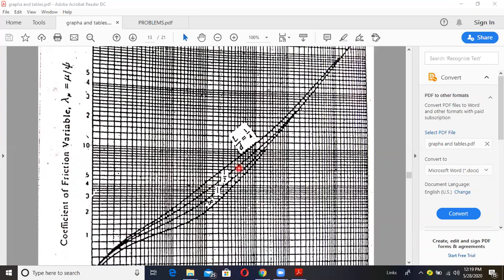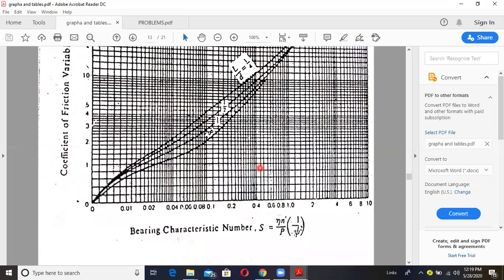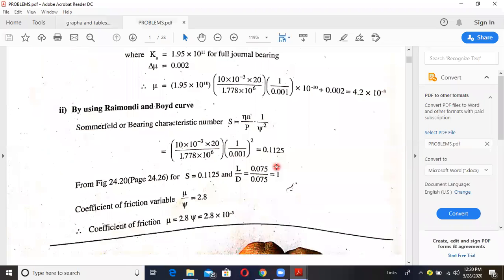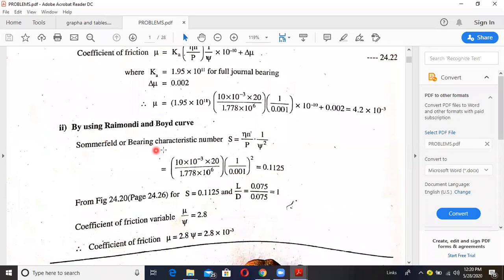So before calculating the coefficient of friction variable, first we have to calculate which curve we have to select, and what is the value of the x-axis, that is the bearing characteristic number. Now if you come to the problem, the Sommerfeld number or bearing characteristic number S, first I will calculate.